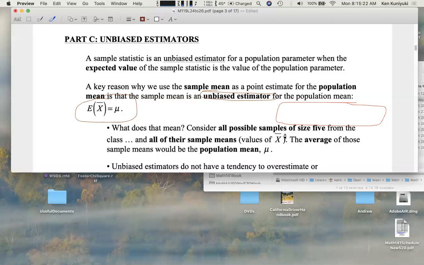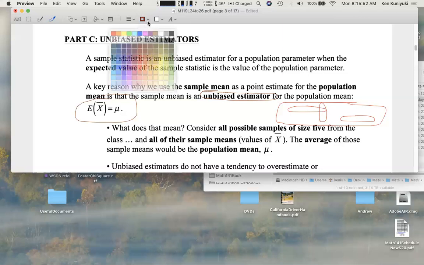Consider all possible samples of size 5 from the class. Of course, these samples could be spread out at various points throughout the class, but just for convenience, let's say that one sample of size 5 looks like that. Let's say another sample of size 5 looks like that. Let's say another sample of size 5 looks like that. Remember that these samples will overlap when you consider all possible samples of size 5.